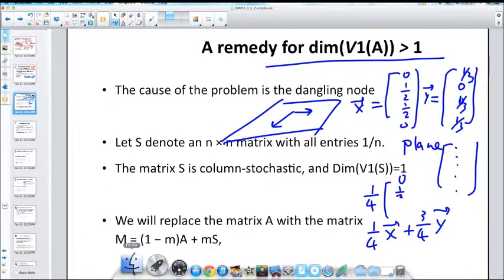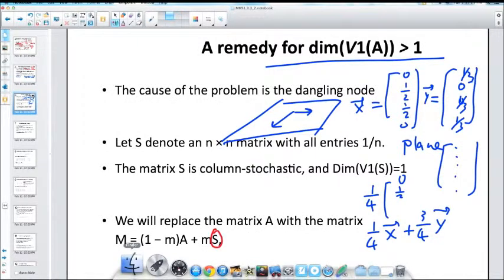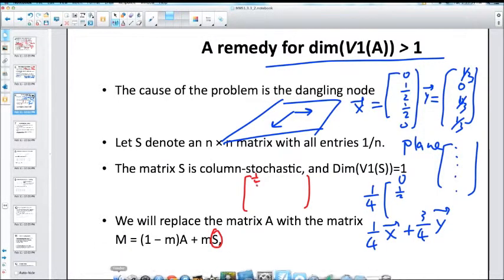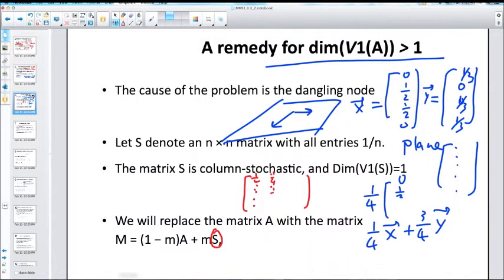Okay, here you go. I create a matrix S. The S is a uniform matrix. If it's 4 by 4, just make it 1/4, 1/4, 1/4 everywhere. It's a uniform matrix. Give everybody a little bit, the same.